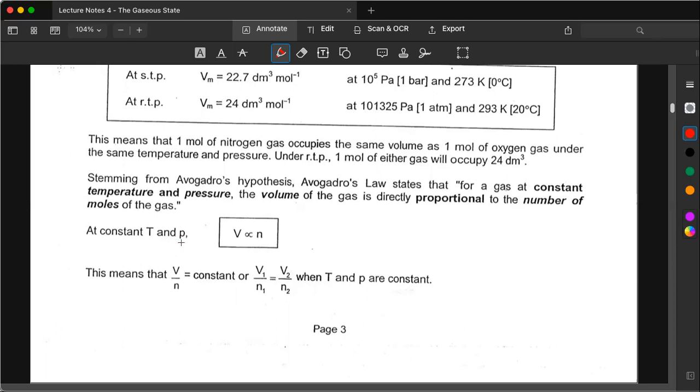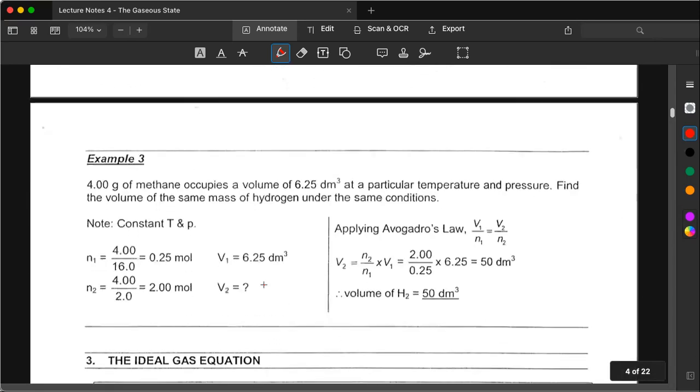So at constant T and P, V and n should be directly proportional. So if you shift the variable, you should get V1 over n1 equals V2 over n2, where V over n is a constant.